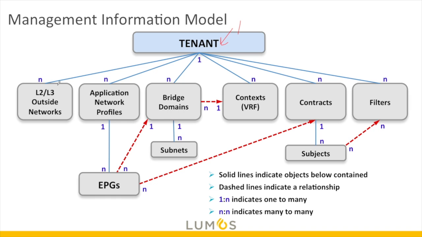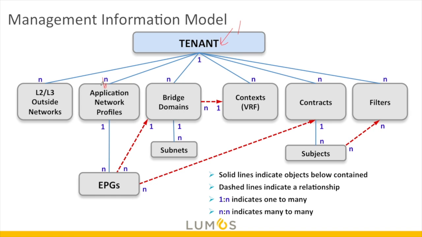Inside of a given tenant, we can have connections to various layer 2 and layer 3 outside networks. One of the interesting aspects about ACI is VLANs. VLANs are locally significant to a tenant, and we can actually have overlapping VLANs even inside of a tenant. So our connectivity to the outside world can scale beyond just 4,000 VLANs.